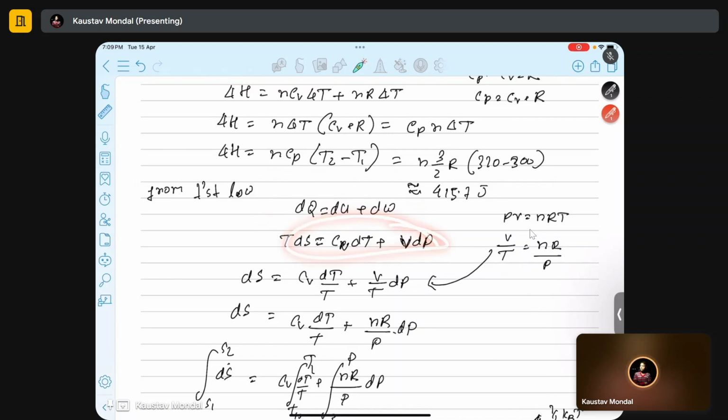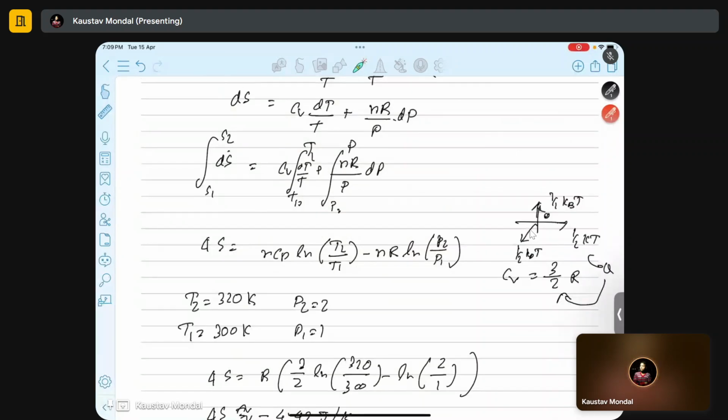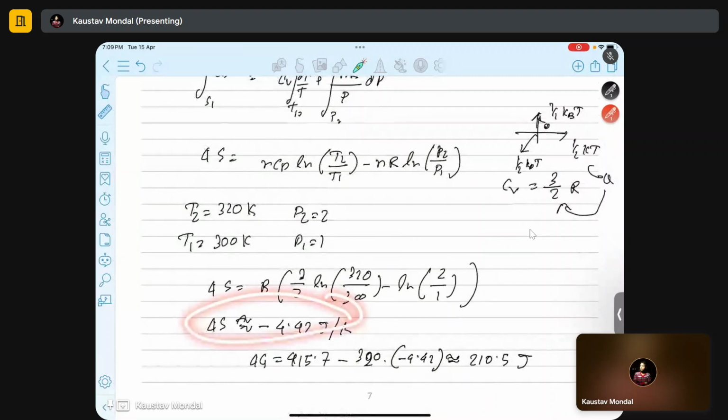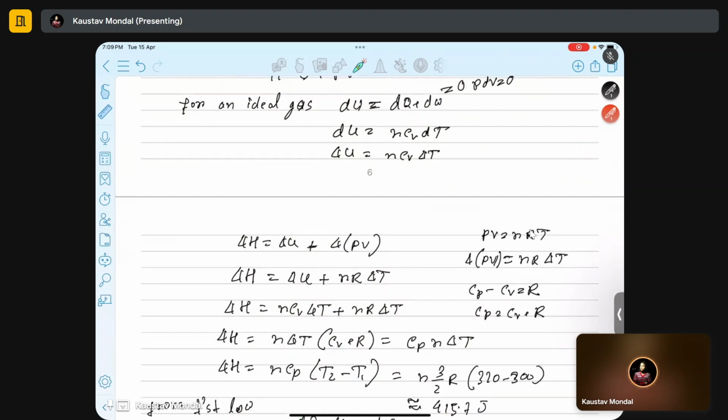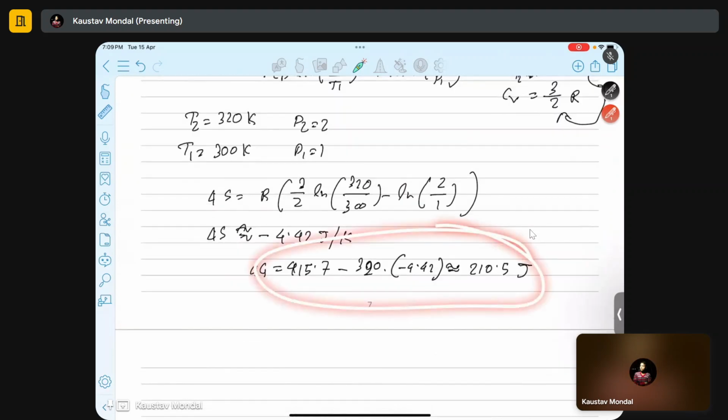Here, as you can see, we substituted T2, T1, P2, P1. From there, we got delta S of minus 4.42. After substituting both delta S and delta H into the expression for the change in the Gibbs energy, we get the total value of the change in the Gibbs energy. So that's how you should solve the problem. So question number 4 is done. Now we'll go to question number 5.